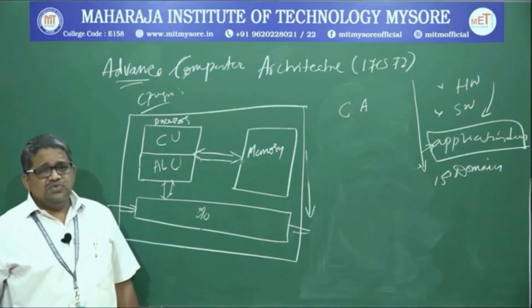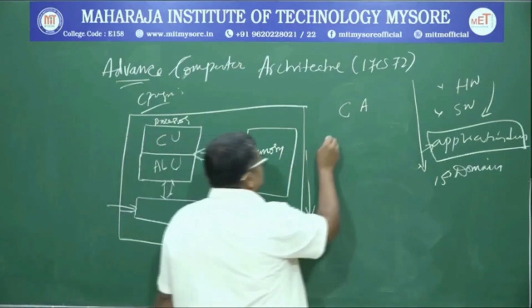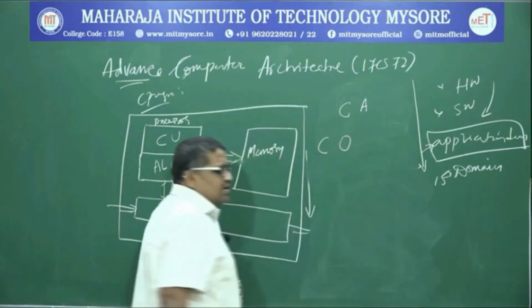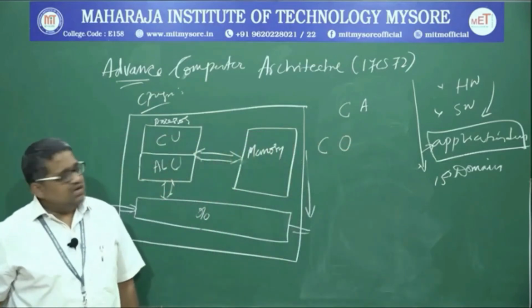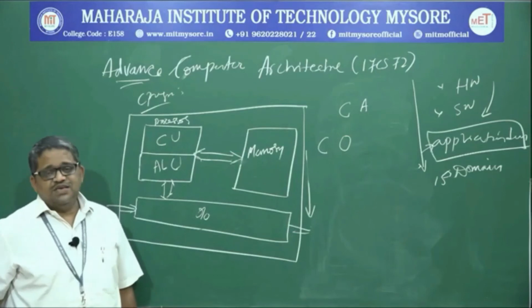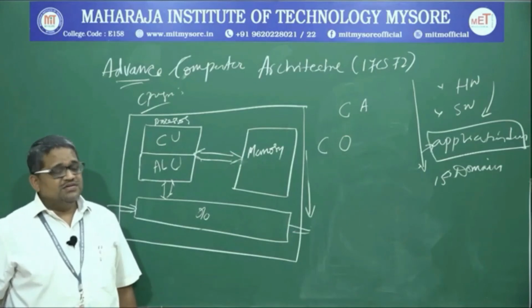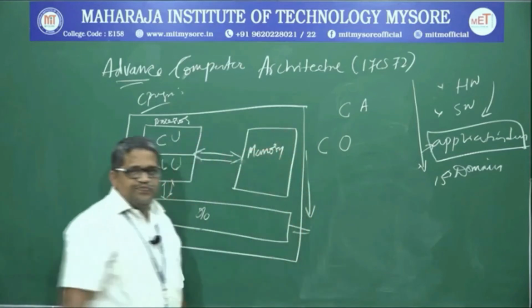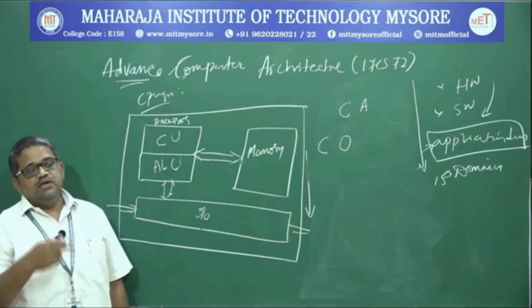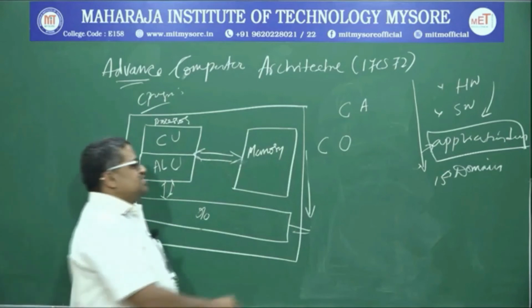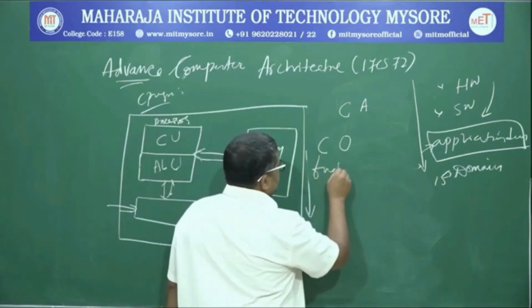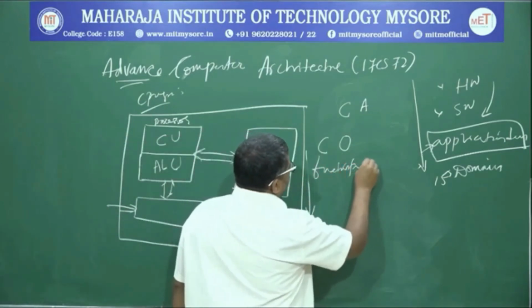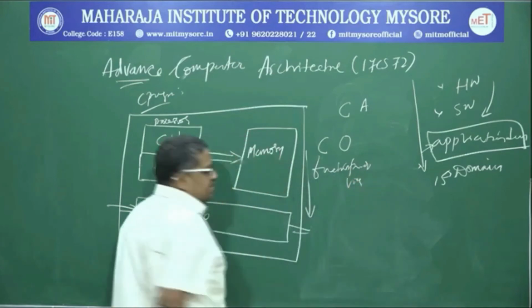Prior to that, you would have had a course called CO, computer organization. Now, what is it that you have studied in that CO? You would have looked into the same block diagram in CO also. Yes or no? But there you are referring to it from a functional point of view. Functional point of view, right?